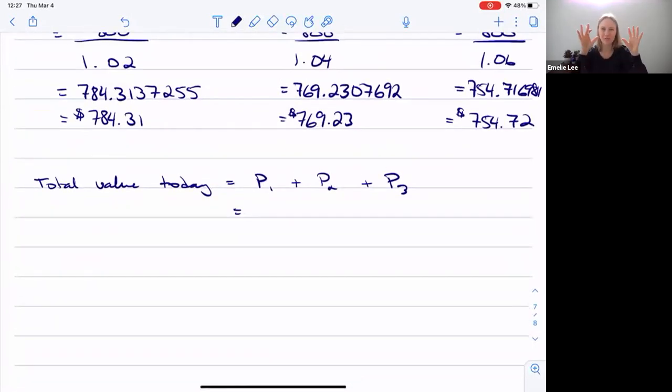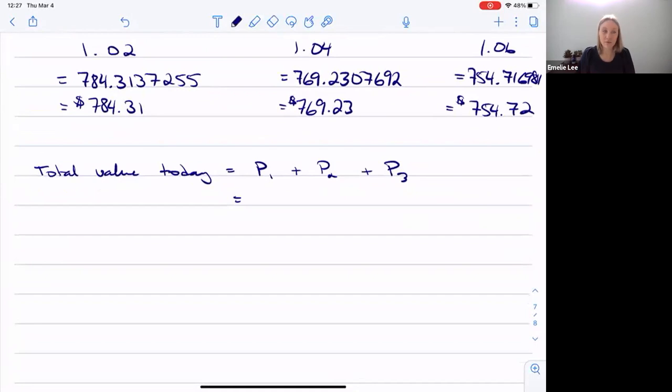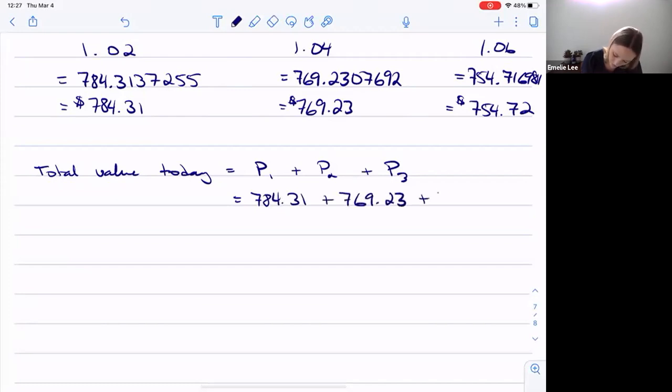And that's the benefit of squeezing them. I know it looks a little bit nasty, but squeezing them, it's just easier for the scroll. So 784.31 plus 769.23 plus 754.72.